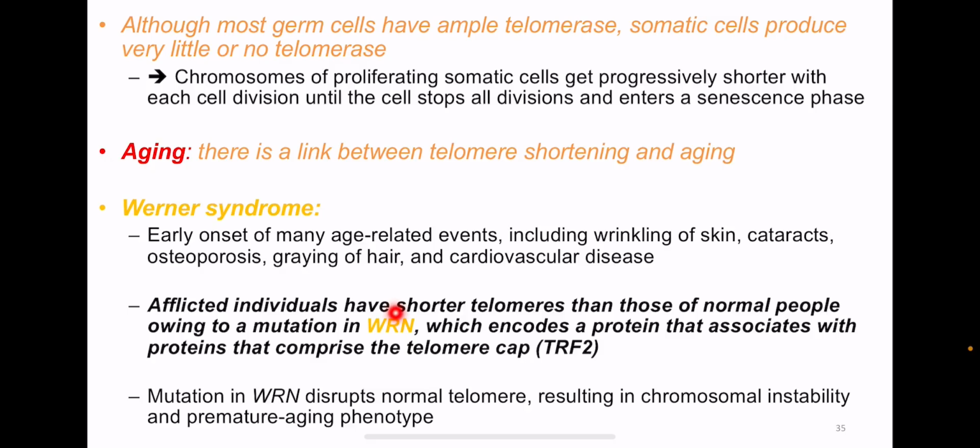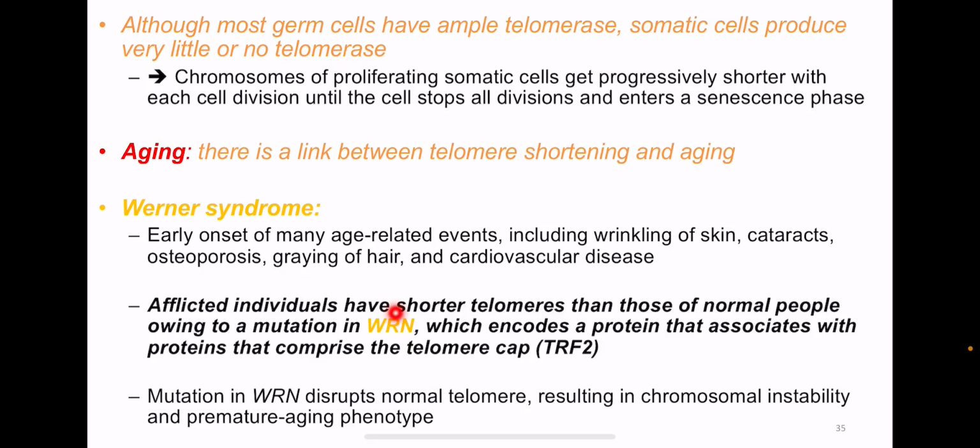But that's not the case in somatic cells. Somatic cells produce very little or even no telomerase. So as your cells continue to replicate over time, your DNA length is going to reduce, and that's what brings about aging.